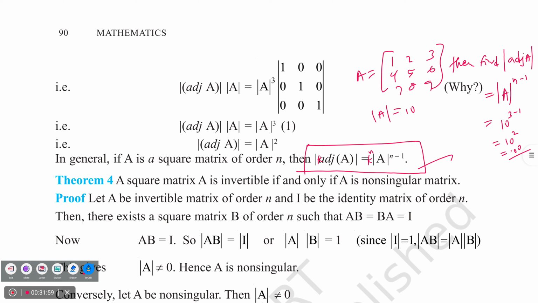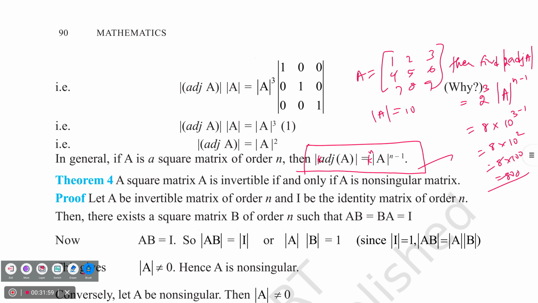That's it. So they may ask 2 into adjoint of A: the determinant is 2 power 3, which is 8, into 10 power 2, which is 8 into 100, equal to 800.